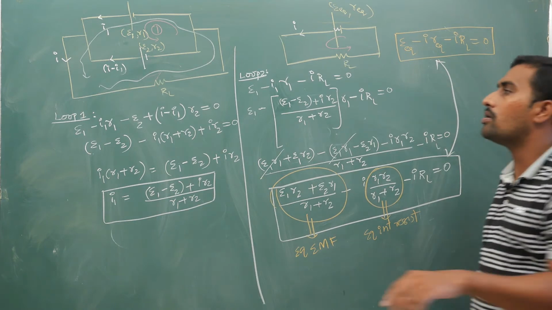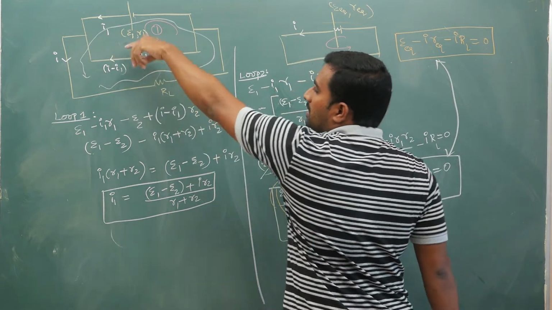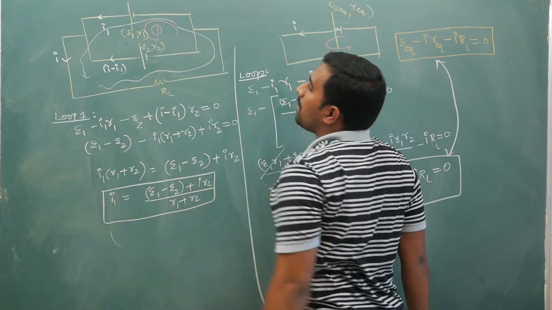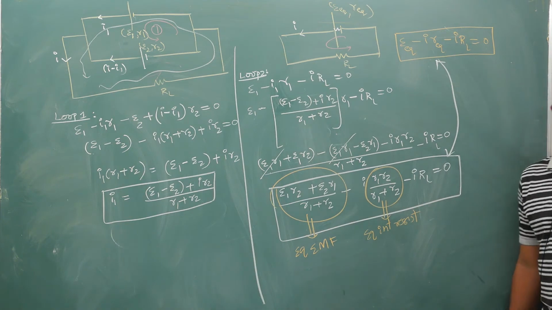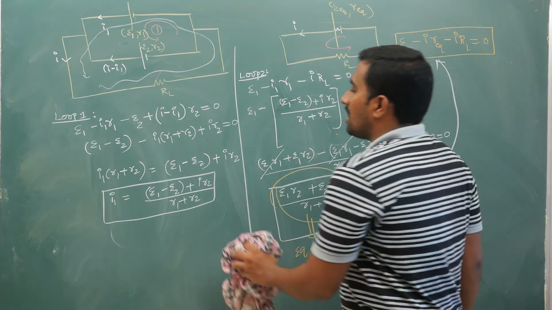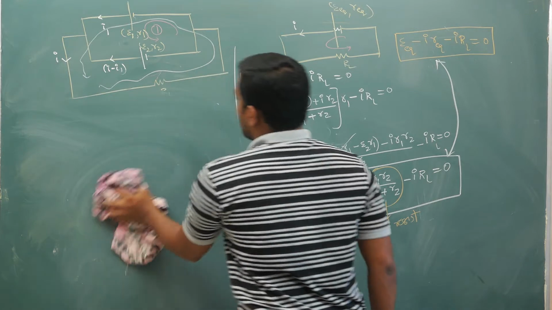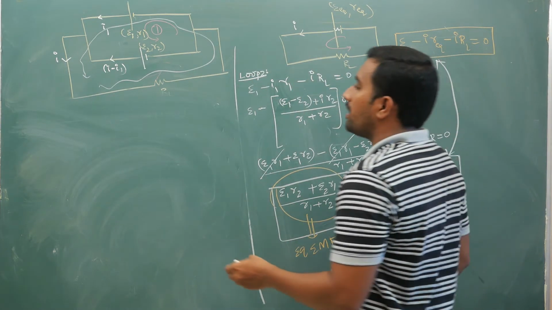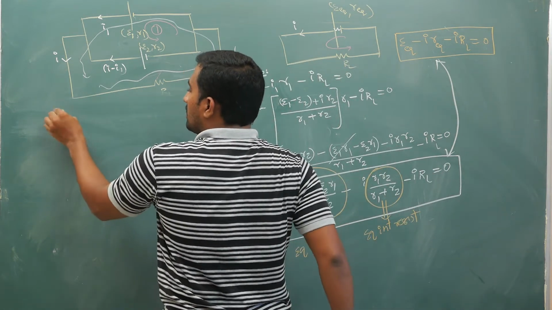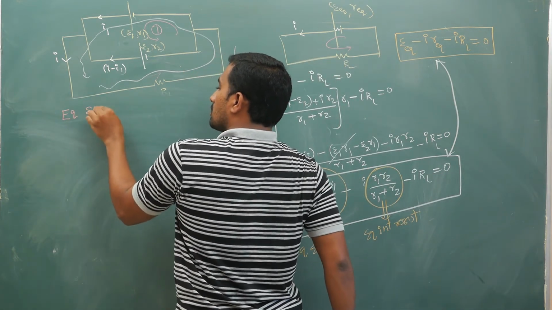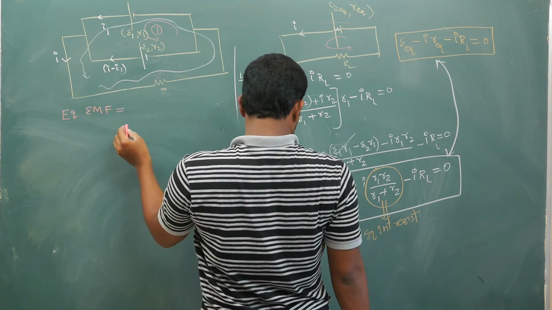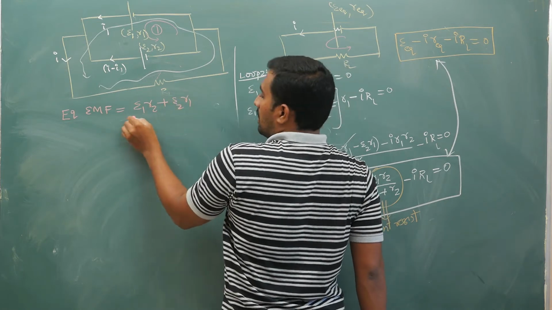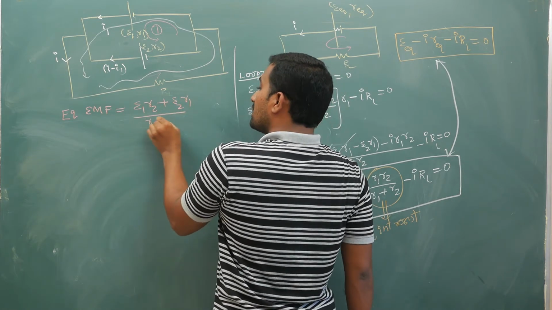I have done nothing new. Within this loop I have applied Kirchhoff's law once. Then through the bottom and through the topmost cell I have applied Kirchhoff's law once again. Now I am erasing this stuff. From this equation comparison, we are going to get your equivalent EMF as (E1 R2 plus E2 R1) by (R1 plus R2).